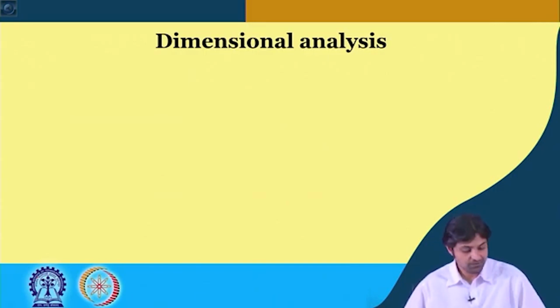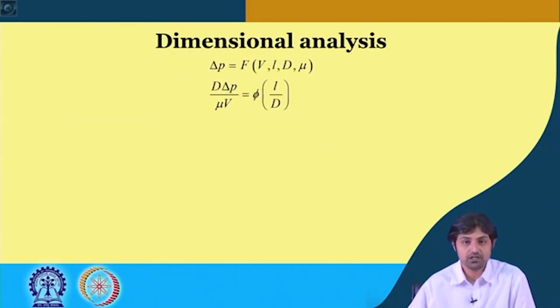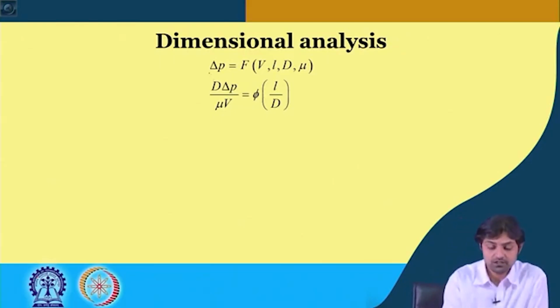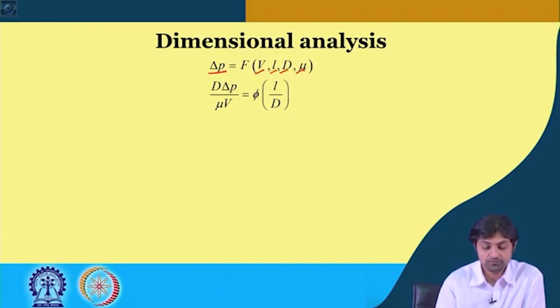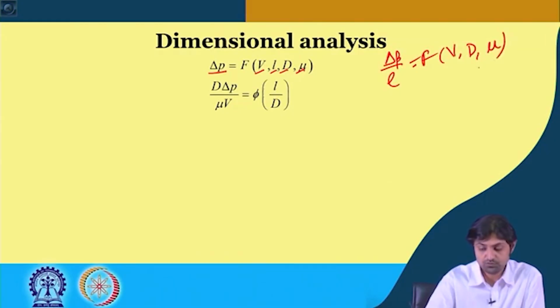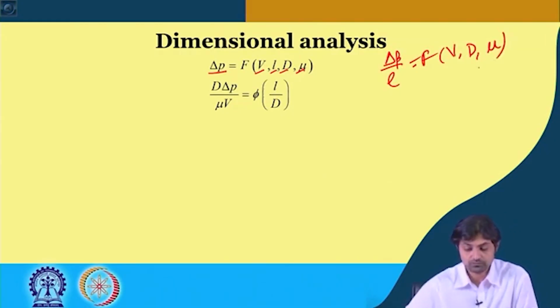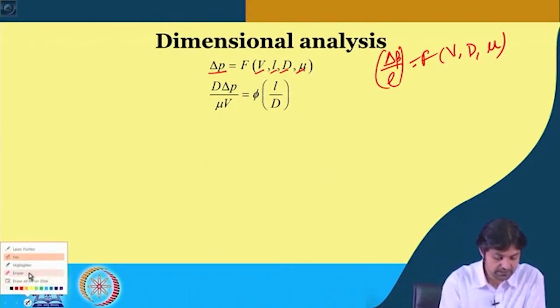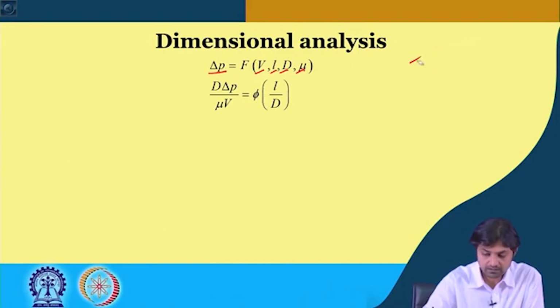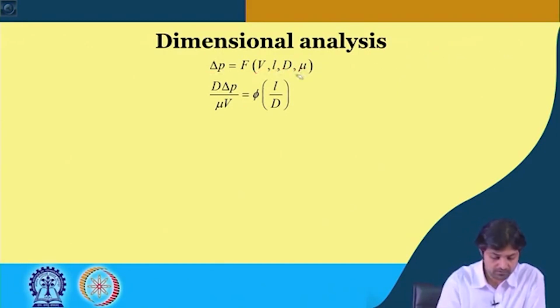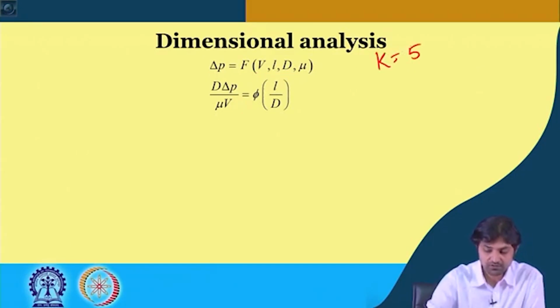Now the third way I said was dimensional analysis. From your dimensional analysis module, you remember that pressure is a function of V, L, D and mu. So if we take delta P by L as a function of V, D, mu, K is how much? 5.